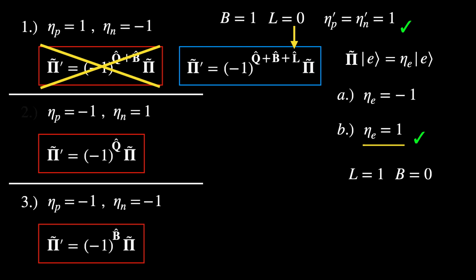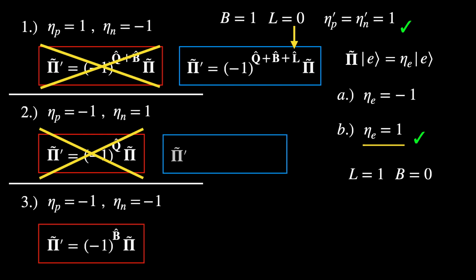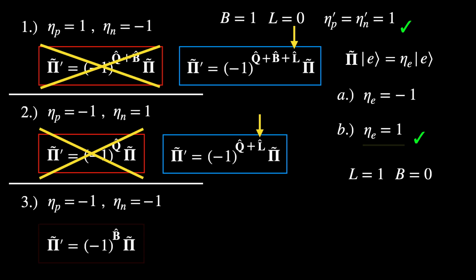The second case would also change the electron's parity to -1. But this could also be fixed by including the lepton number operator. Now for the last case, it is apparent that this will preserve the parity 1 of the electron.